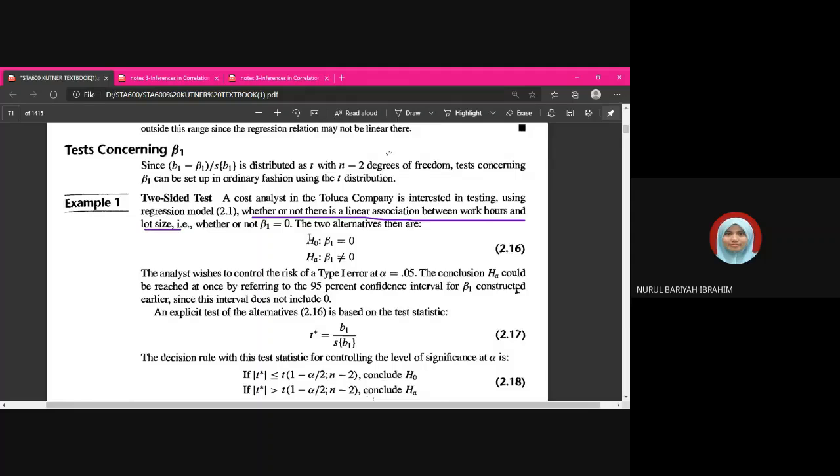If we fail to reject H0, we accept H0, meaning beta 1 equals 0, so we conclude that there is no linear association between Y and X.